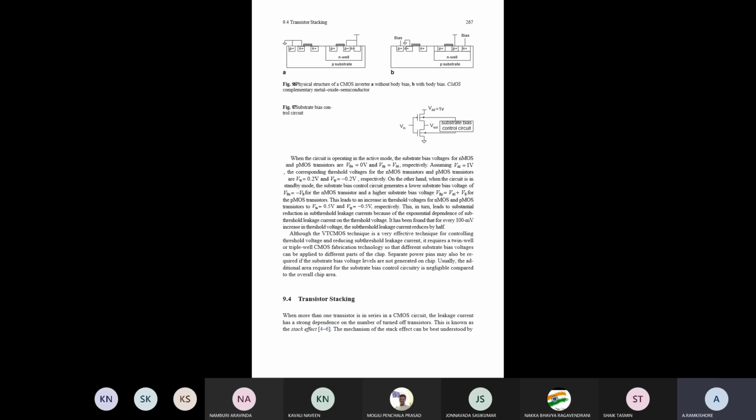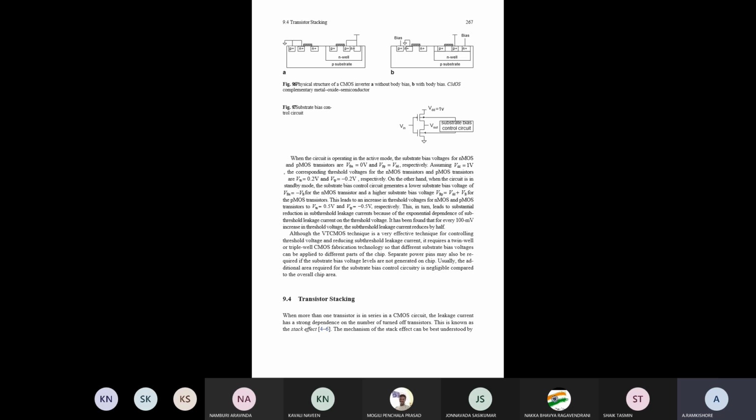What is meant by transistor stacking? That is related to leakage power minimization. In many designs we are using series and parallel combinations.